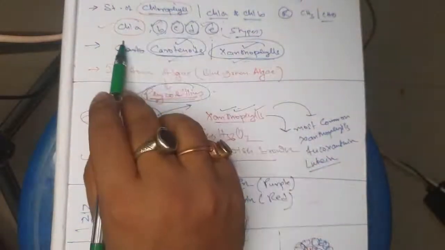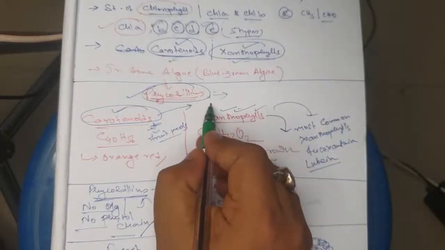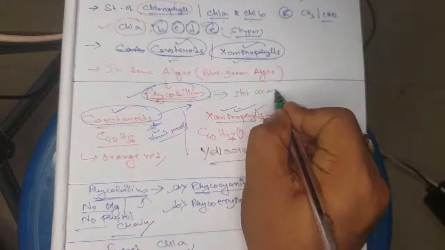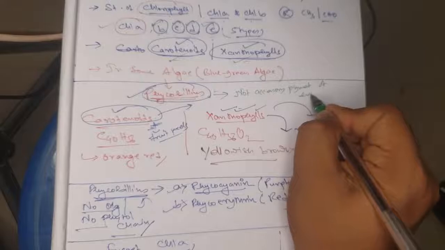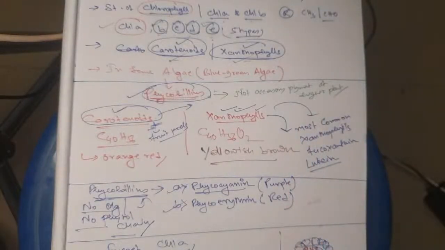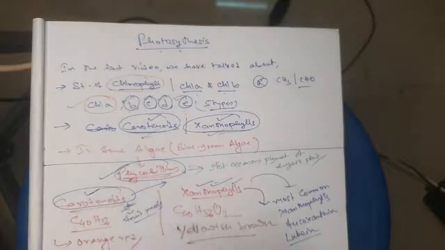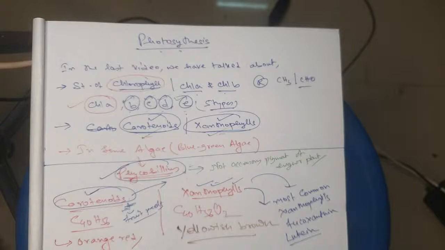In blue-green algae, chlorophylls are also present, but phycobilin is the accessory pigment of blue-green algae, not of higher plants. If they ask you in a question what the accessory pigments of higher plants are: B, C, D, E, carotenoid, xanthophyll. So keep that in your mind.